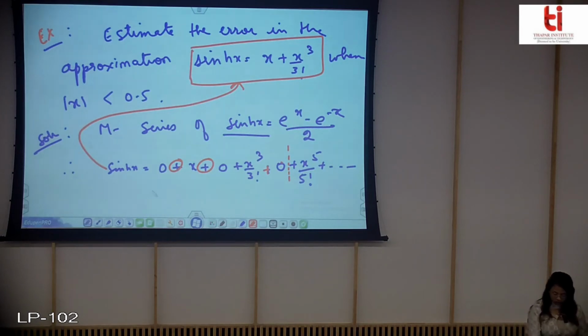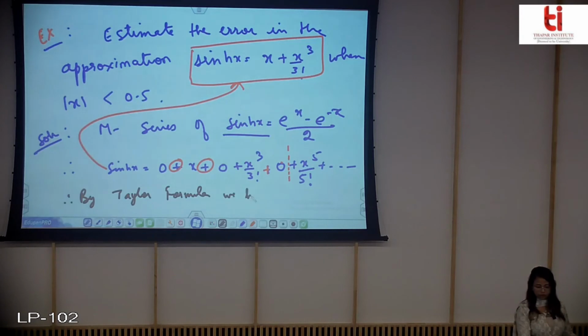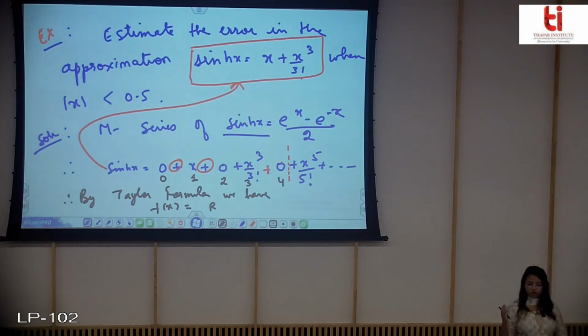So by Taylor formula we have f(x) equal to, you can write it as order 0, this is order 1, this is order 2, this is order 3, this is order 4. So we have considered up to 4 orders. So I will write it like this. Sorry, this is P4 and this is R4(x).